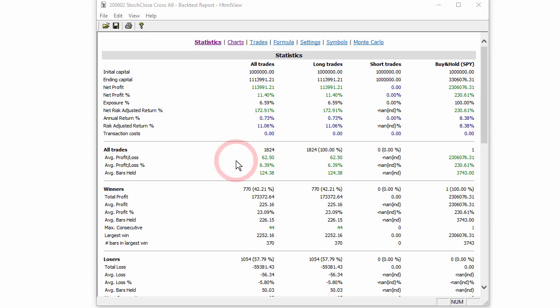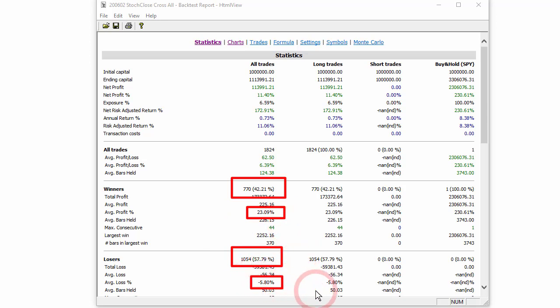So if we look at this, we can see that you would have had a winning percentage of 42% and a losing percentage of 48%. And your average winner would have been plus 23%, your average loser minus 6%. And then the average profit loss was 6.4%. That's your expectancy, basically.